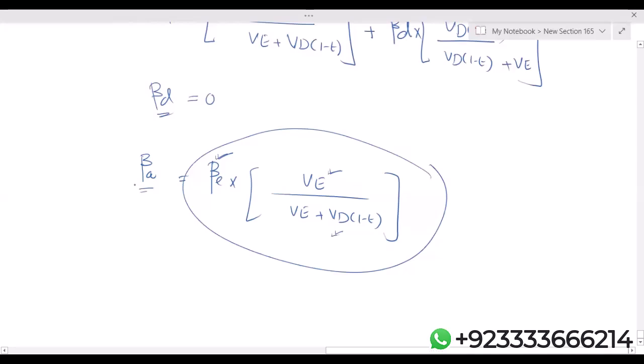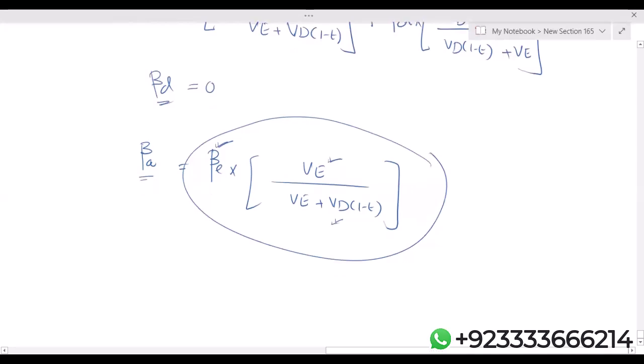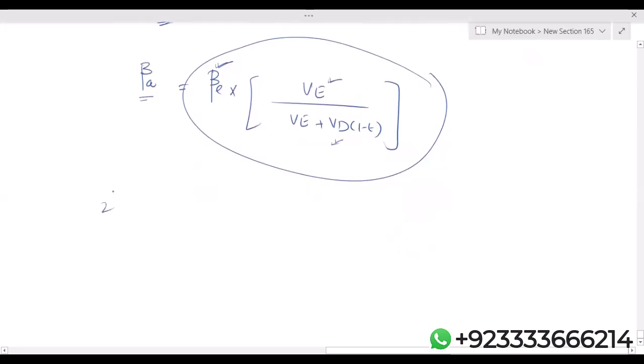Let's say you have calculated beta asset. Now, what is your step number two? Let's say we have found the beta asset of the new industry. So we'll take the beta asset.